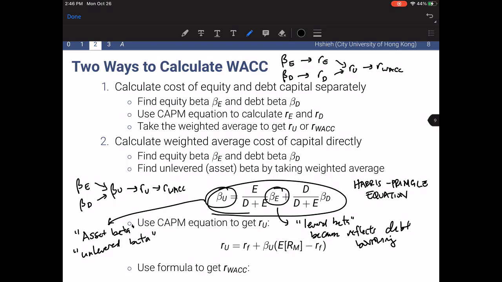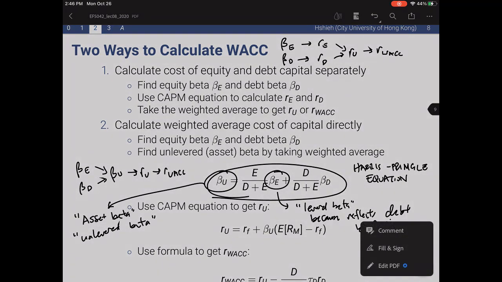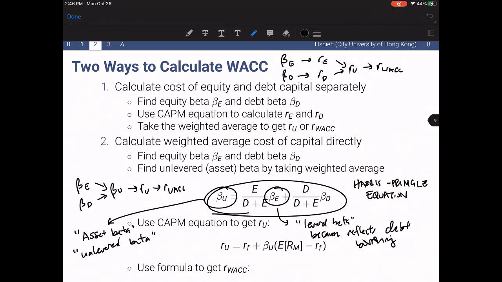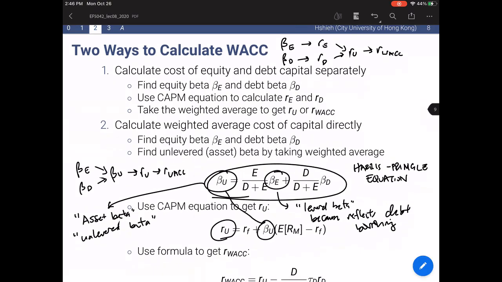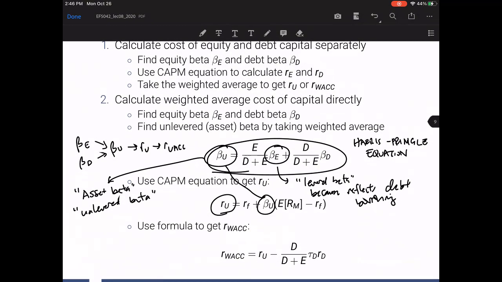So once we have our asset beta, we can go ahead and compute the cost of capital as indicated by this expression here. So we move this beta here to here, use the CAPM formula to come up with the overall unlevered cost of capital, and then once we account for tax shields, we get our discount rate, right, or our WACC.